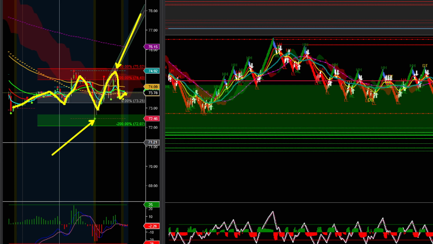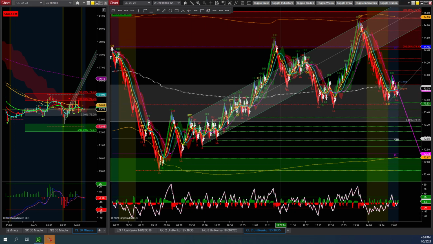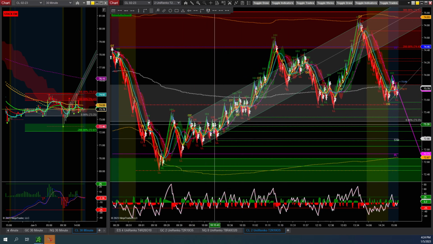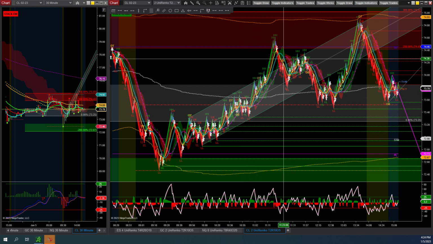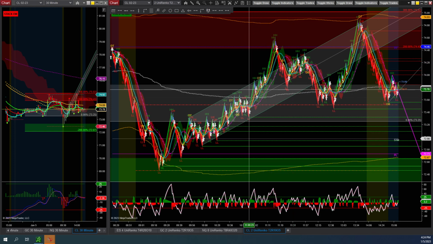So I did not trade crude today. In the size of 2, there were a couple of nice moves to the upside, especially when you leave this congestion area right here.